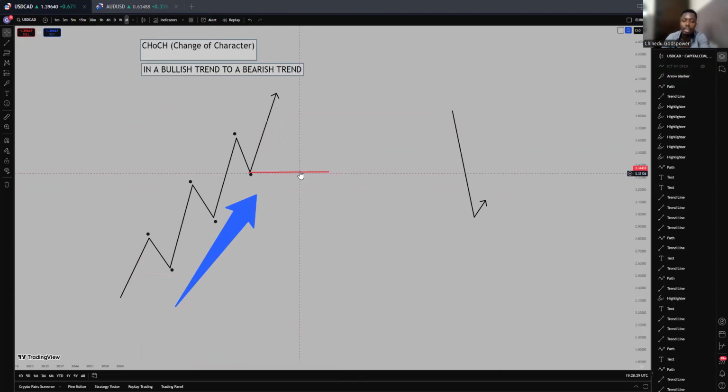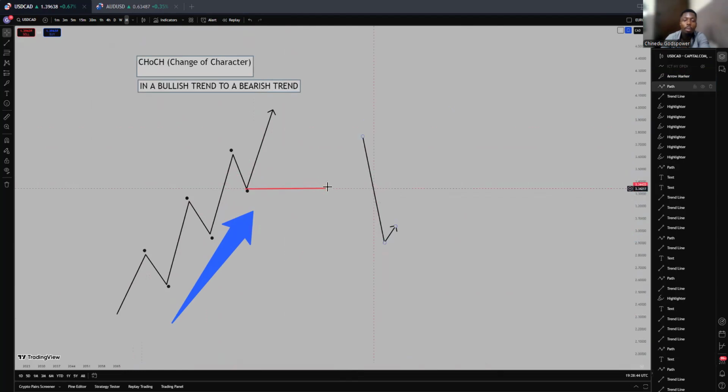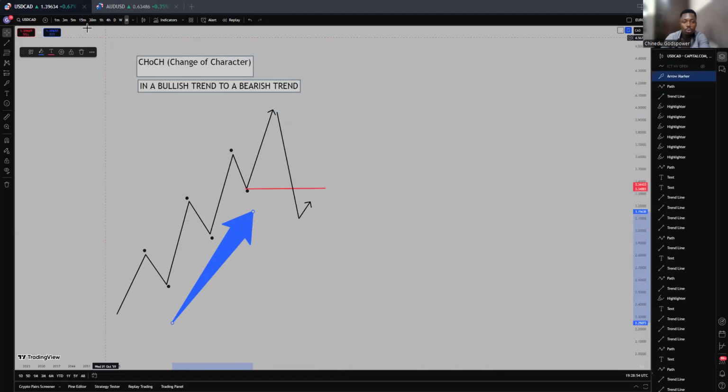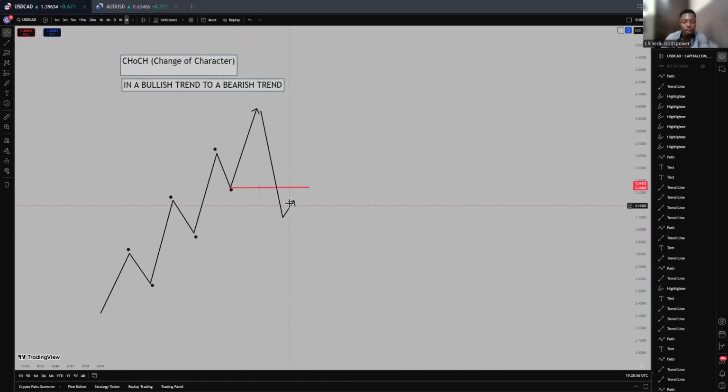Then price got here, and decided to run through this low. Now we can't expect price to run back to be in a bullish trend. It has moved from a bullish trend towards a bearish trend because it has created a lower low. And now we're in a bearish trend.